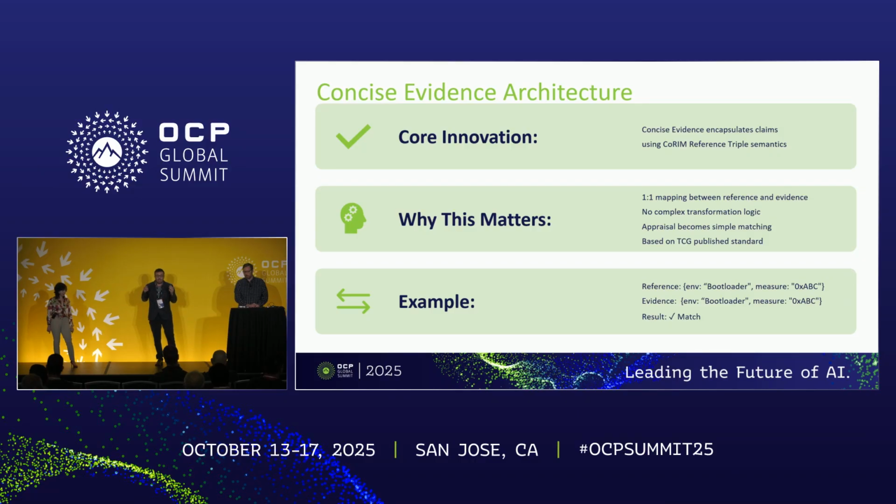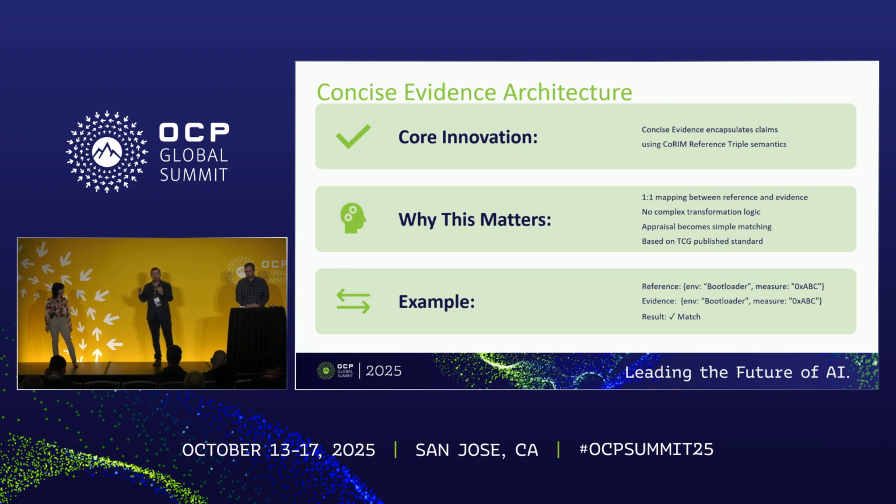And this one-to-one mapping between evidence and the reference measurement in the CoRIM will simplify things, because we saw a lot of stuff in the past, for example, when people use a traditional SPDM measurement block, measurement blocks 1, 2, 3, 4, 5, 6, 7. But what do these blocks mean? They need to have a specific translator.